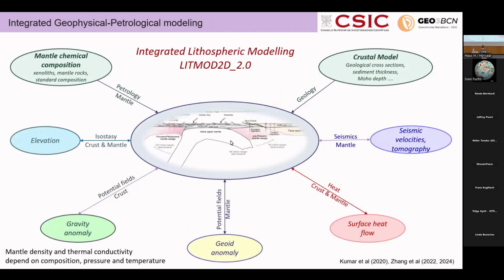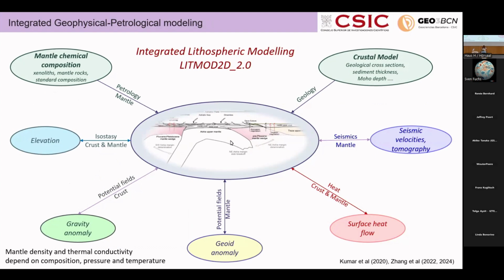But okay, then what I will show here is how we have been using, these last years, the surface heat flow as another data and as another constraint for characterizing the crust and the upper mantle.